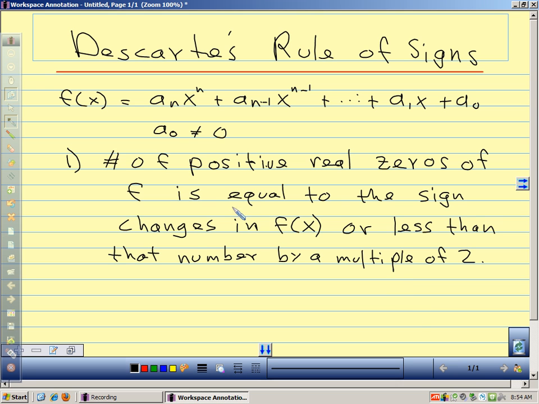And another way of saying this is that it's less than the number by an even integer. And we'll do a couple of examples. It sounds more complicated than it is.